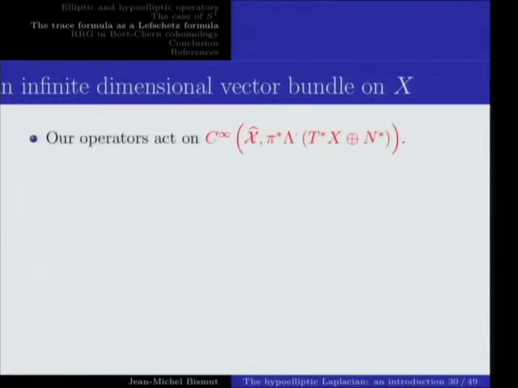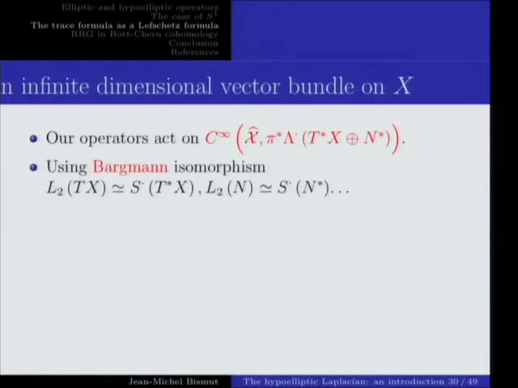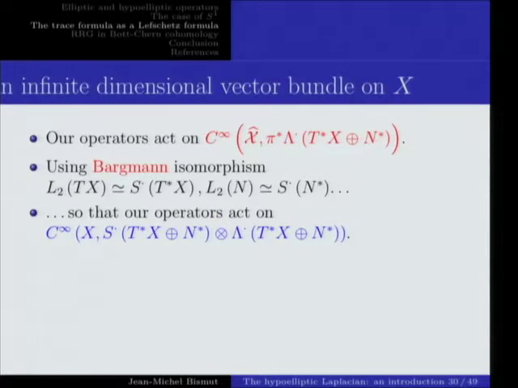So let me just briefly mention this. I described these operators acting on a bigger space. But instead of making the operators act on a bigger space, you can instead view the operators acting on an infinite dimensional bundle on the base manifold, using the Bargmann isomorphism.